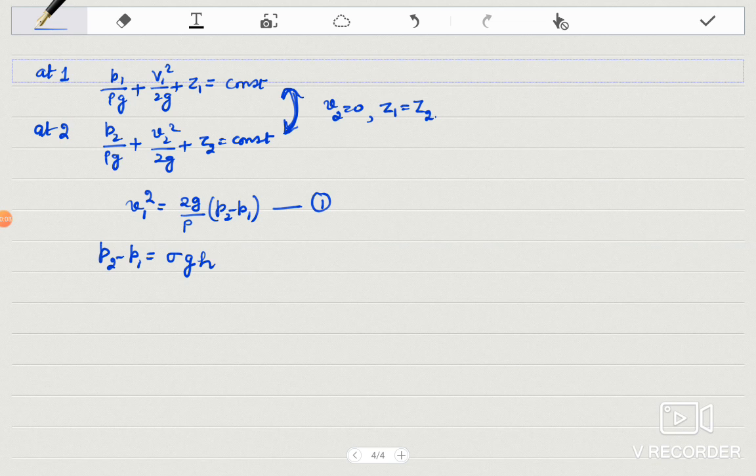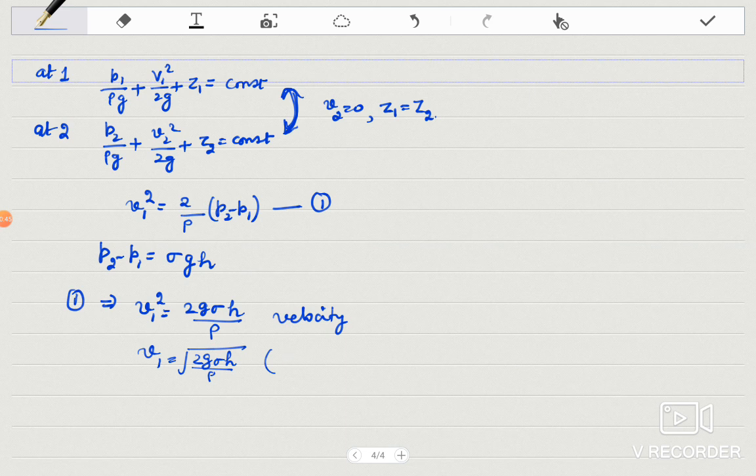Putting in the equation, V1 square is equal to twice g sigma H upon rho, where g does not cancel here. Velocity is the square root of twice g sigma H upon rho, and it is the theoretical velocity.